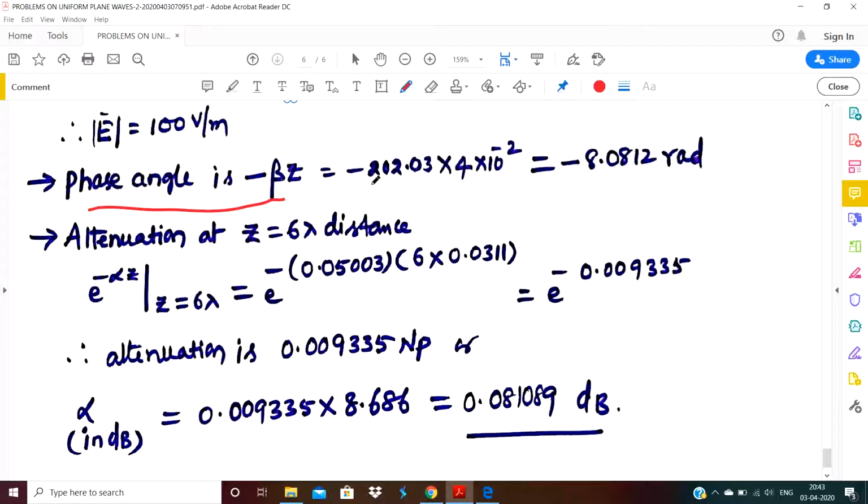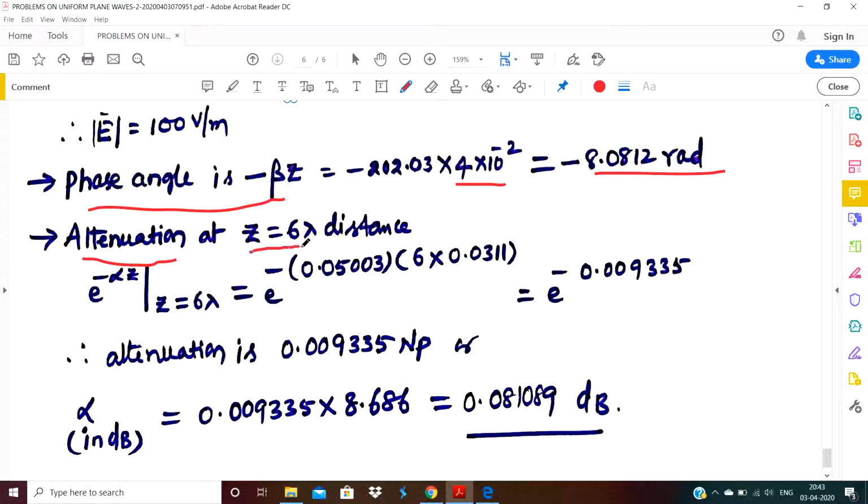Beta is already there, and Z is 4 centimeters, which we have to convert into meters. By substituting these two values, we get the phase angle minus beta Z equals minus 8.0812 radians.